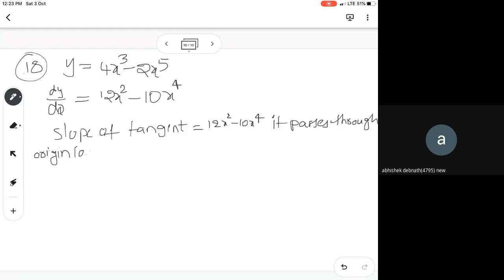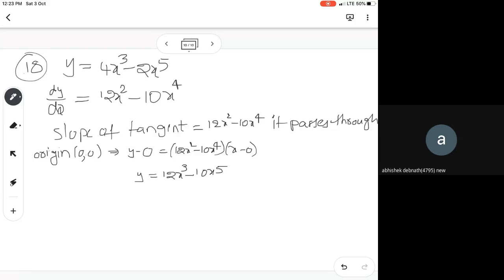So the equation of a line passing through the origin: y minus 0 is equal to slope 12x square minus 10x to the power of 4 into x minus x1. Y minus y1 is equal to, so here y minus 0 is equal to, so y is equal to x times, you multiply, 12x cube minus 10x to the power of 5.